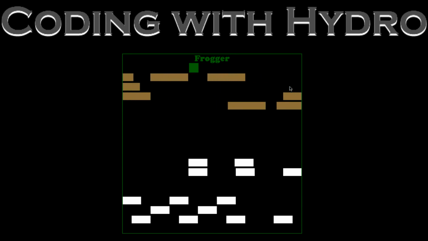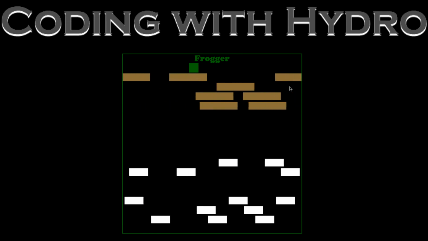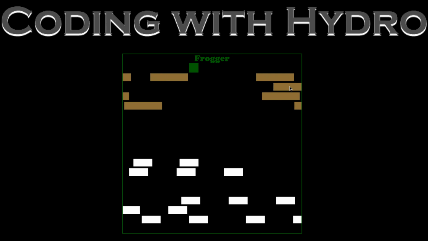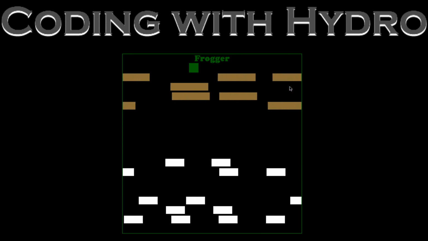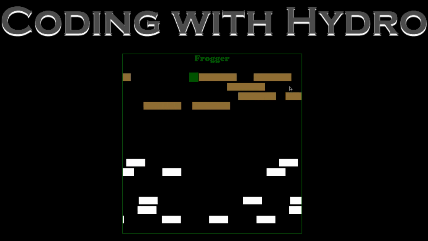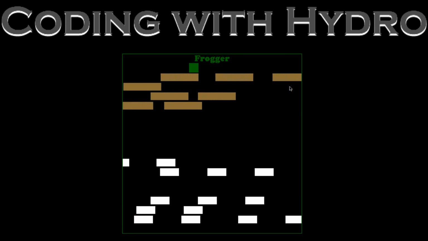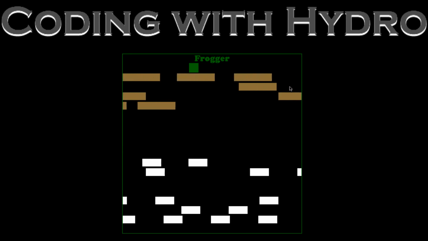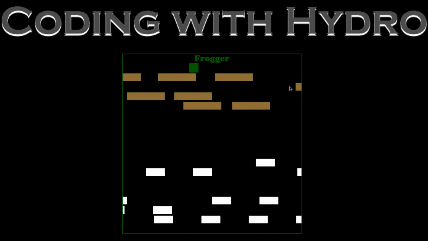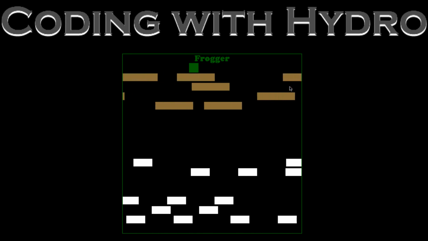So, after we have the background drawn, or at least hashed out, that's when I can determine where, okay, if my center X is taking up this position, I'm dead as well. But that's something we can work out later. For now, I literally have Frogger created.